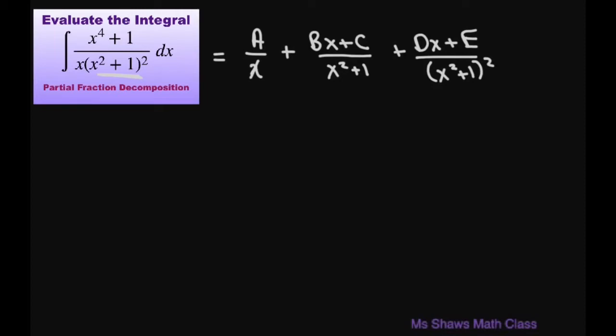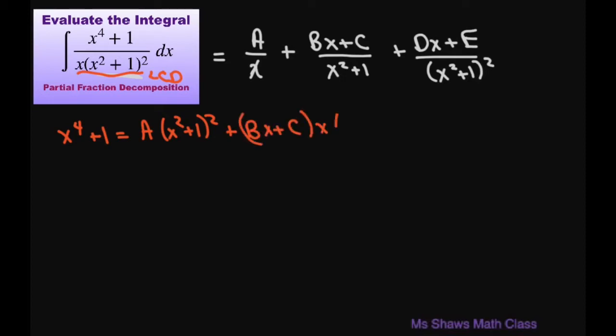All right. And then when you clear the fractions by multiplying through by your least common denominator, you're going to get x^4 + 1 equals A times (x^2 + 1)^2. And then for the Bx + C, we're missing an x and we're missing another x^2 + 1.